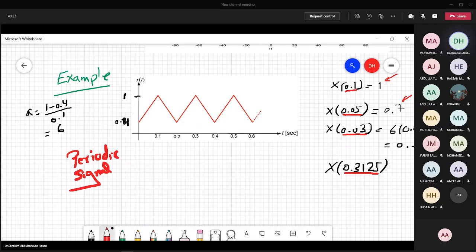If you notice this point, it's repeating itself here. It keeps repeating itself. So repeating here, repeating here. So this is what we call a periodic signal. Of course, periodic means it continues from minus infinity to plus infinity.